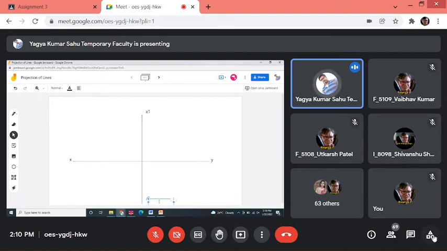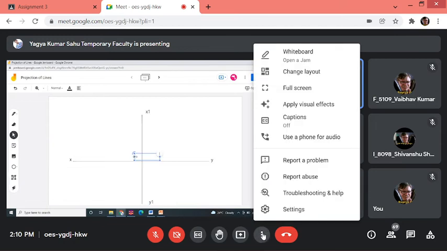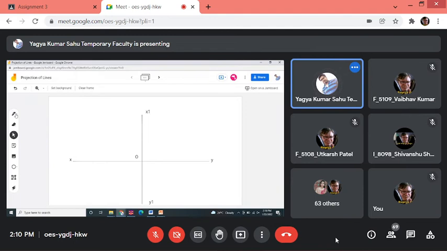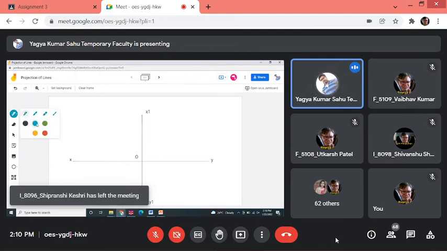So the intersection of all the 3 planes, you can see this one is the intersection. This particular intersection of XY and X1, Y1 is nothing but the intersection of all the 3 planes, this one.